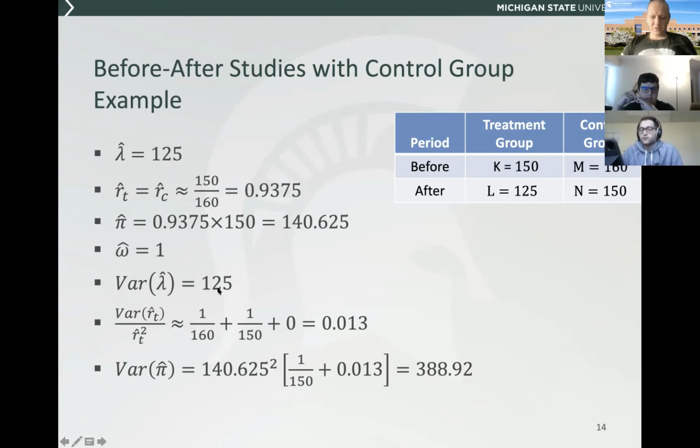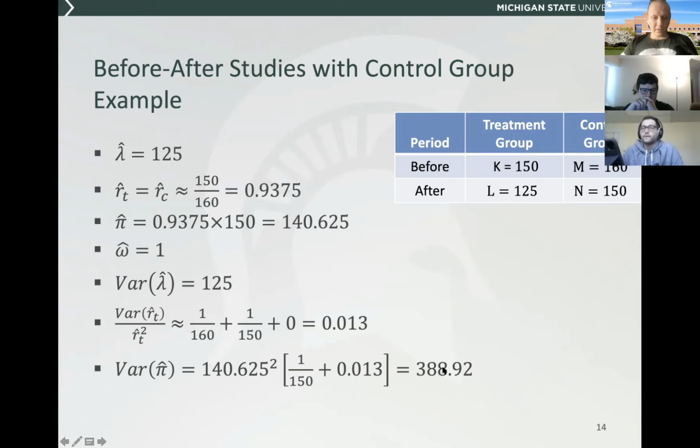Our variances, just working through the calculations that were presented previously for the observed after period crashes, that variance of 125 is equal to the mean. And for the expected number of crashes, it's that 140.625 plus 1 over K, which in our case again was 150, plus 1 over M plus 1 over N. Okay.